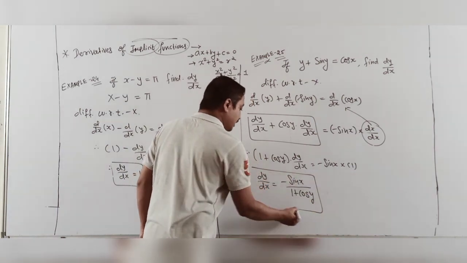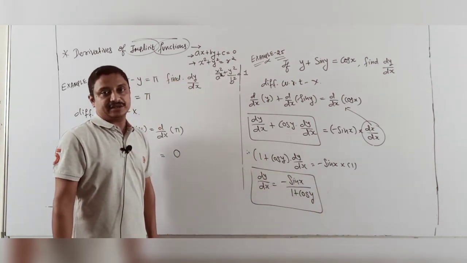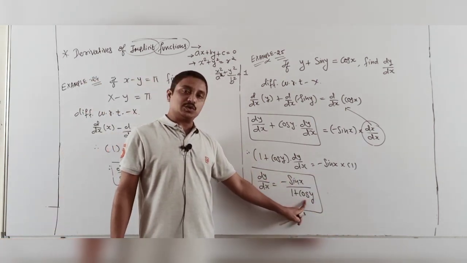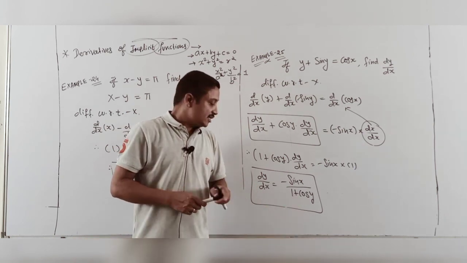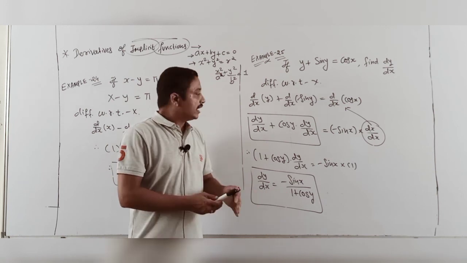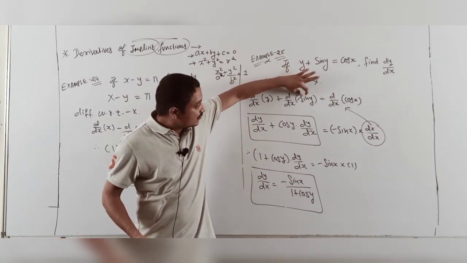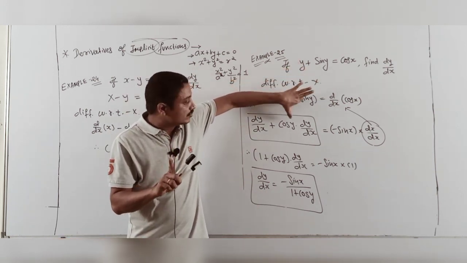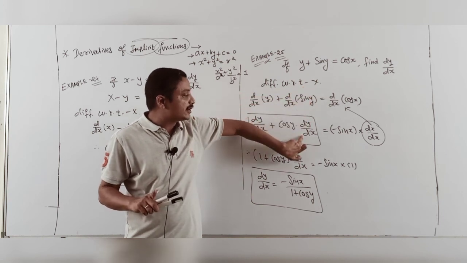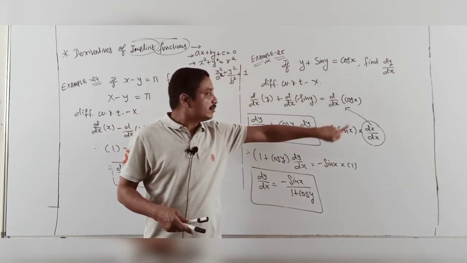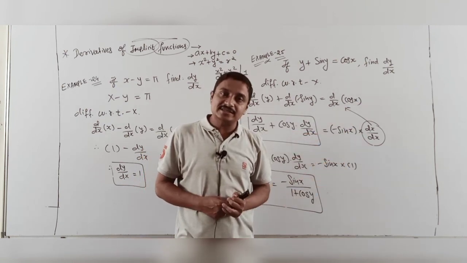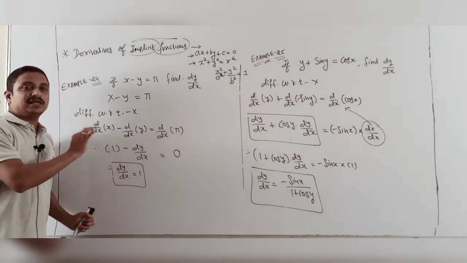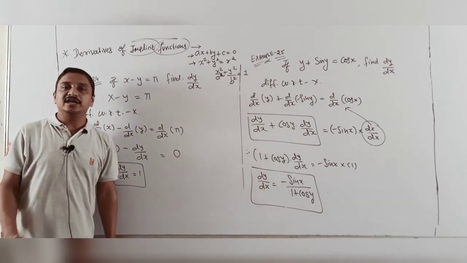Yes, your final answer is minus sin x by 1 plus cos y, where 1 plus cos y is never 0, so in that domain this answer is valid. In this case, again I explain: for the sin derivative, cos y, and y pending with respect to x, dy by dx. Same here, the cos derivative first and x pending as dx by dx. So here, students, two simple implicit function equations, we are done.